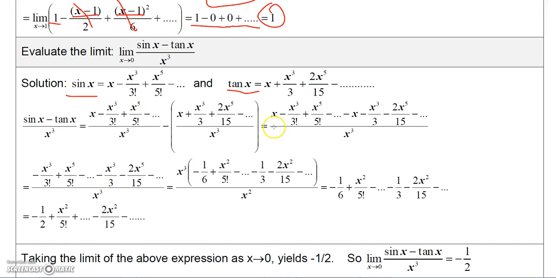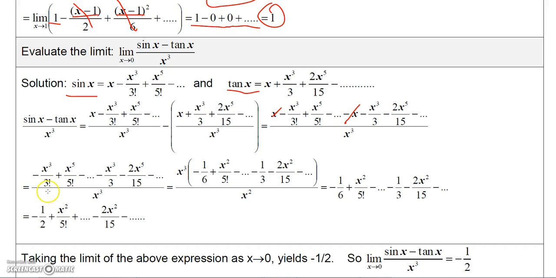And then if I put those together, I basically get these terms minus these terms, so it just changes their signs. Now notice that the x's will cancel, and so you will have these terms over x cubed.